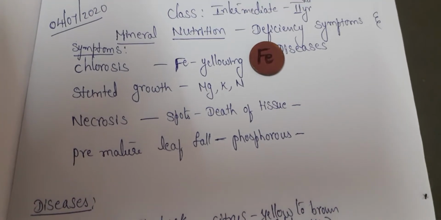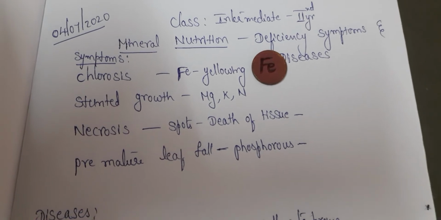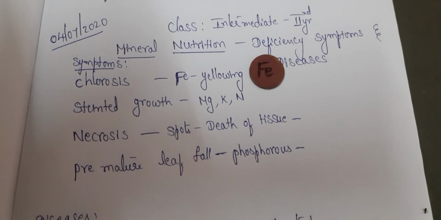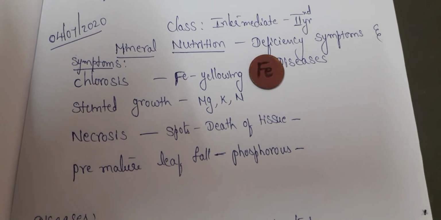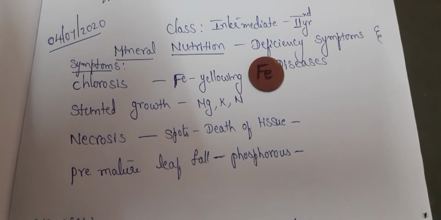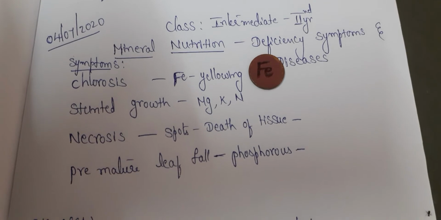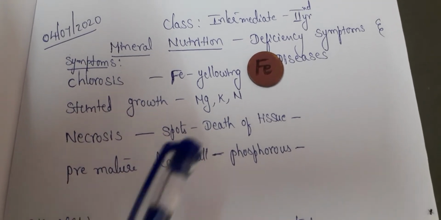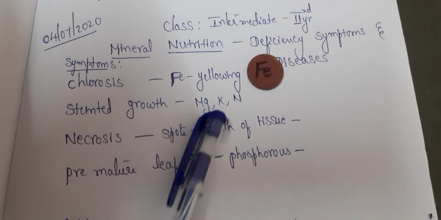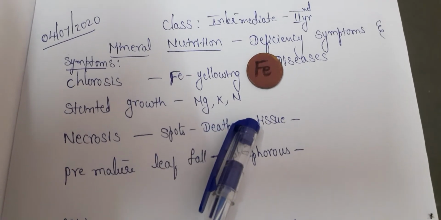Stunted growth. Stunted growth is when the growth of the plant is affected. That means plants will be very short. They will not have a proper root system. Their absorption of water will be affected. This is because of minerals like magnesium, potassium and nitrogen.